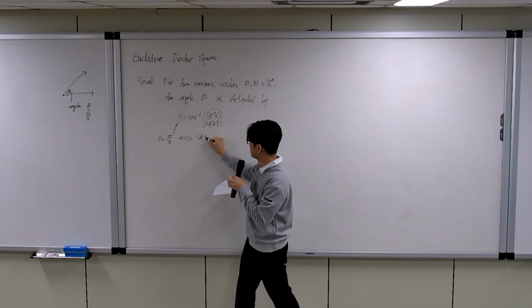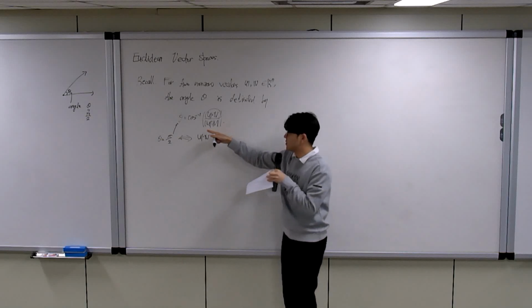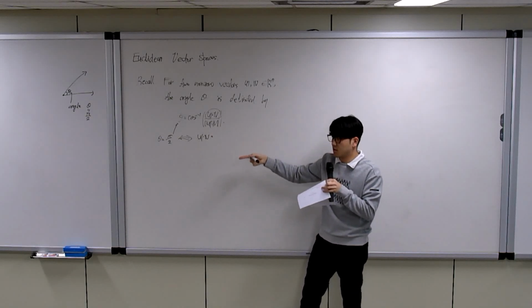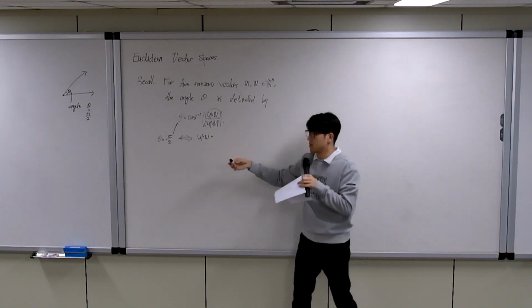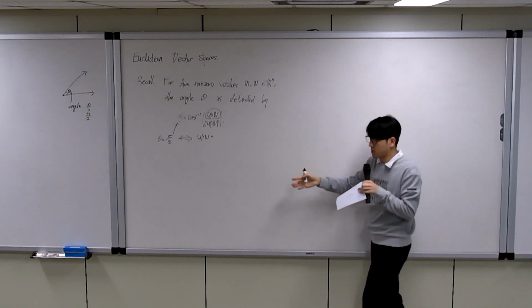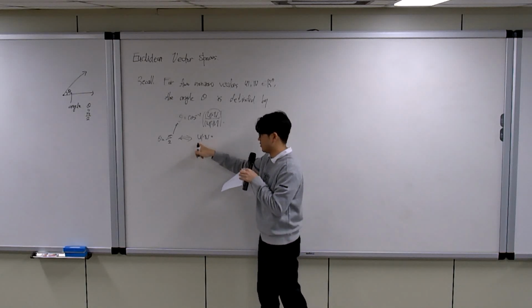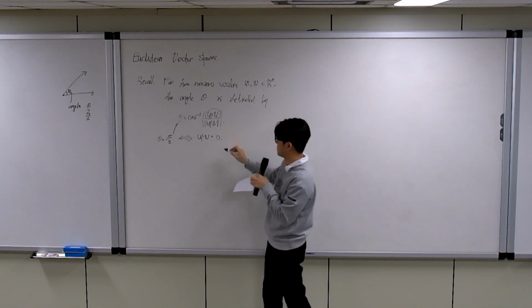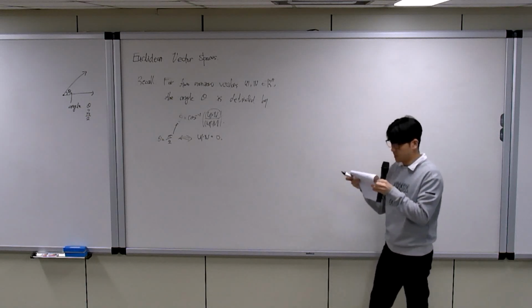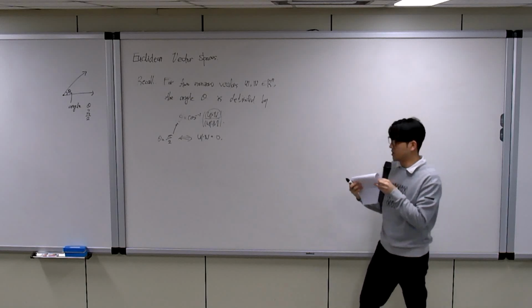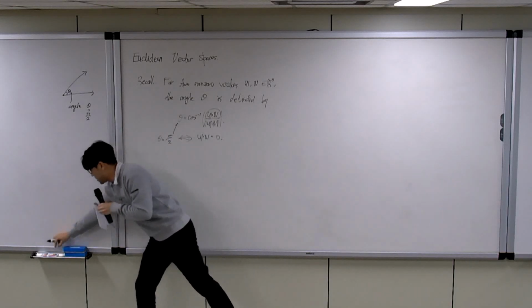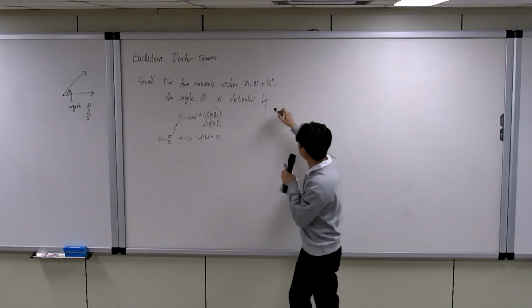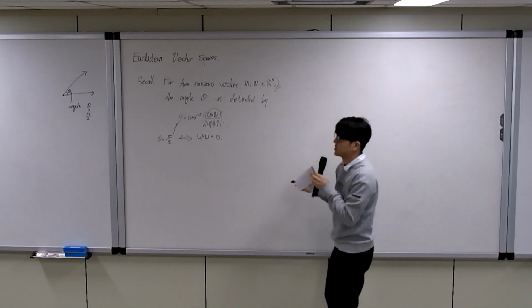So that means, since u and v are not zero vectors, the dot product of u and v should be 0. So it makes sense in R to the n space.